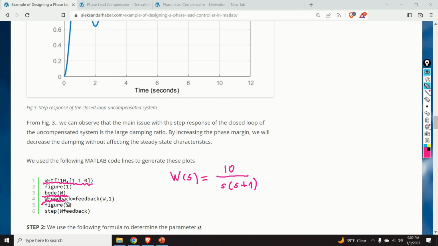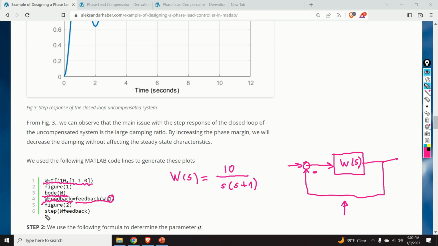Over here, we define a feedback system where W of s is an open loop part, and since we have a unit feedback, and this is a negative unit feedback, we place here 1 and use this function feedback. And then finally, by using this Matlab function step, we plot the step response.